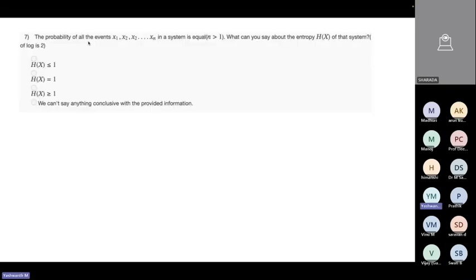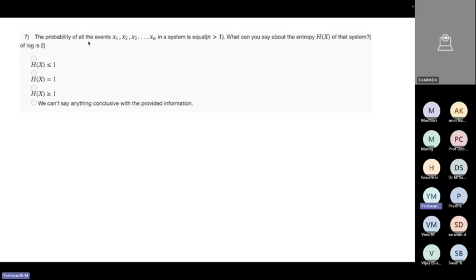Now the question here is: there are some events x1, x2, x3, and so on, xn. If n is 6, you can think of x1 as the event of getting 1, x2 as the event of getting 2, the faces of a die.